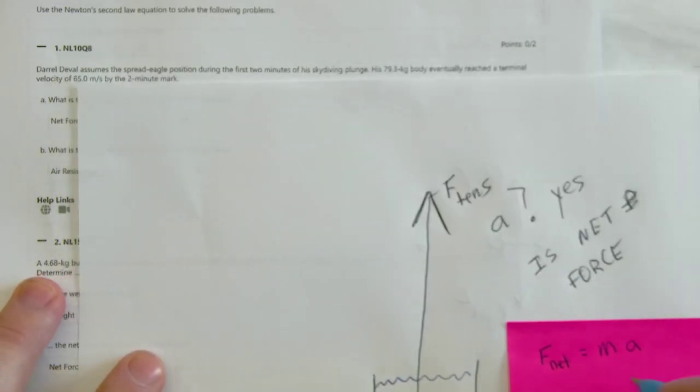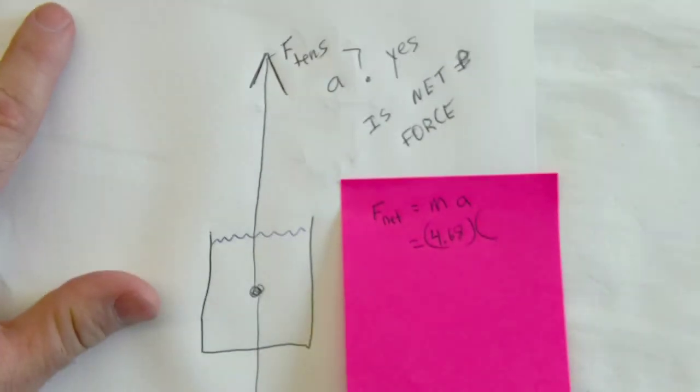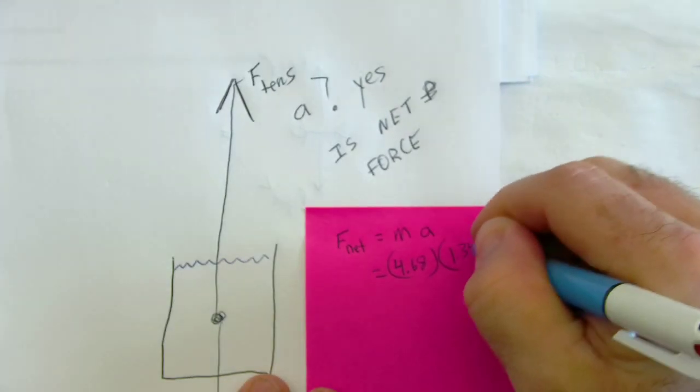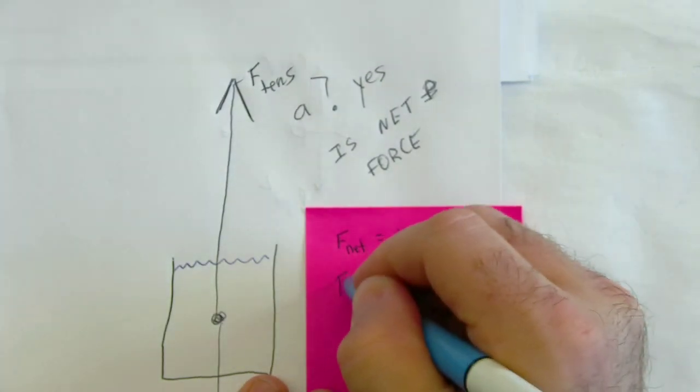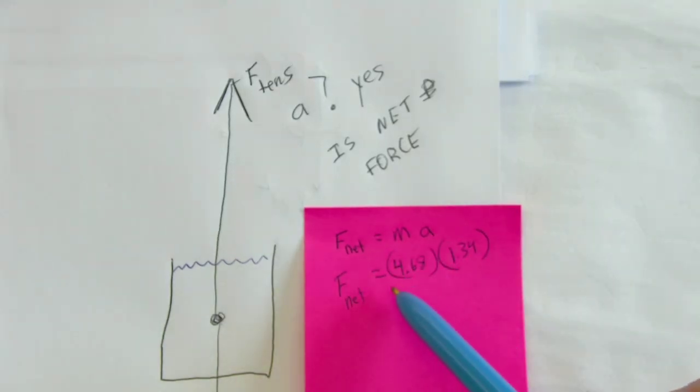So our mass is 4.68, and then our acceleration, I'm just reading from the problem itself, and mine it's 1.34. Your numbers will of course be different. So from that, we can solve for the net force.